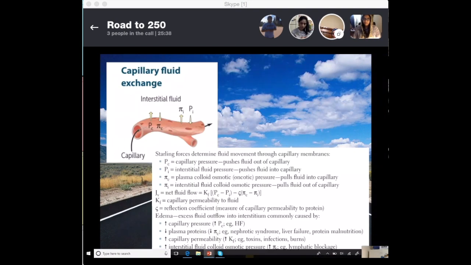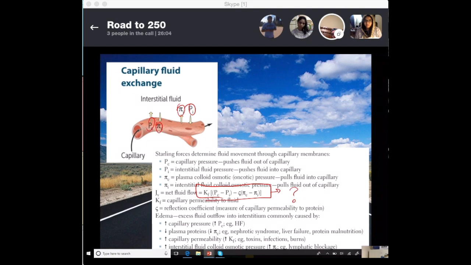Okay, so any questions about the capillary fluid exchange? Essentially, as far as the vignette goes, the most likely thing they would do is give you all four of these values, and you'd have to plug them into the equation. Then the answer would probably ask, are they going to have edema?